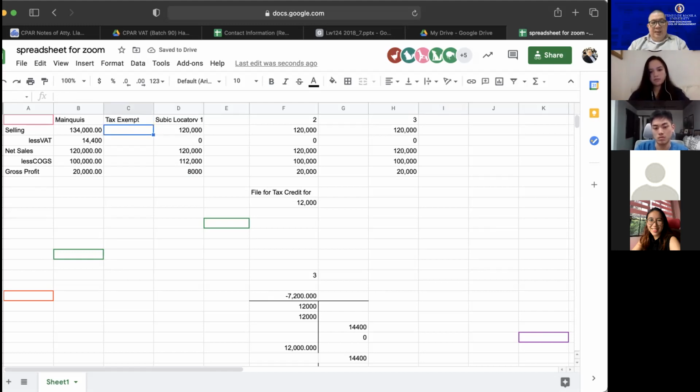If it's tax exempt, you still sell it for 134,000. There's no VAT. Net sales is, then your COGS is 112. This is a VAT exempt, not tax exempt, sorry.